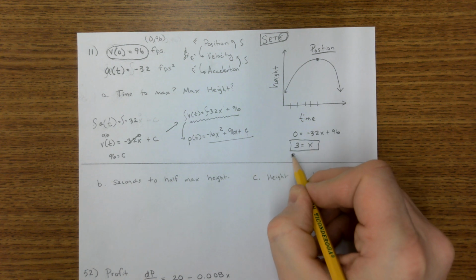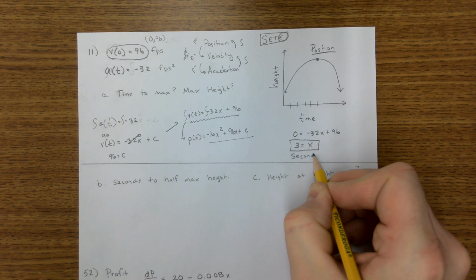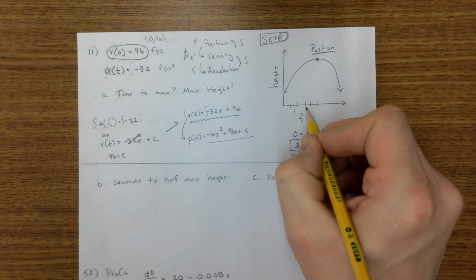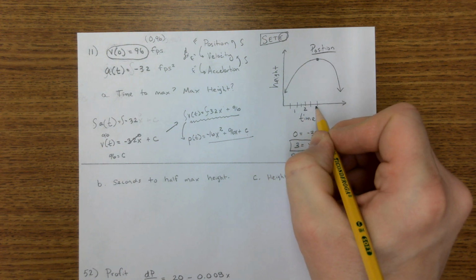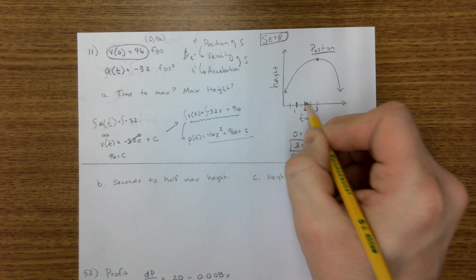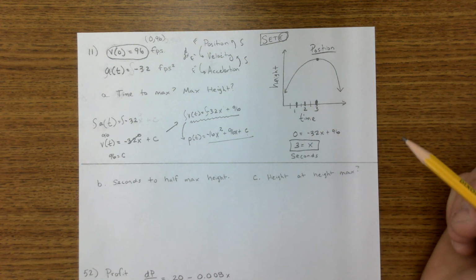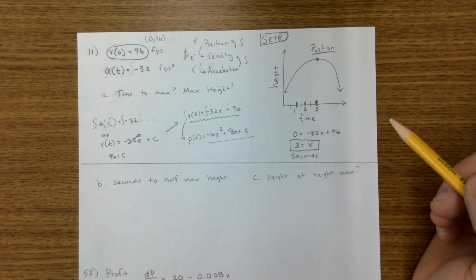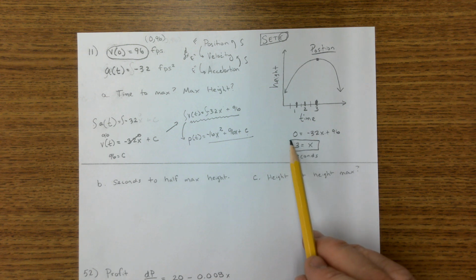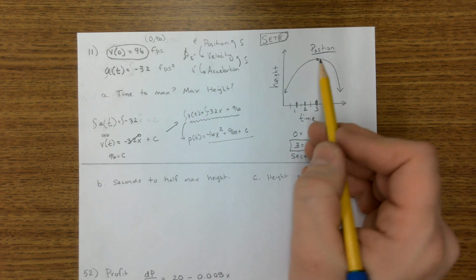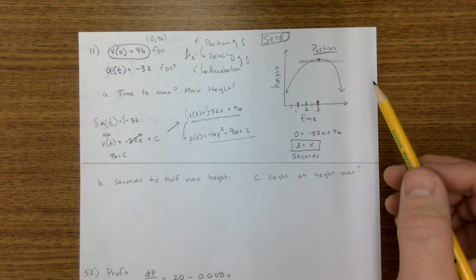So after 3 seconds, 1 second, 2 seconds, 3 seconds, we're at our max height. All right, because we've used the derivative, found when the derivative is equal to 0. Remember, there's a tangent there, it's equal to 0.